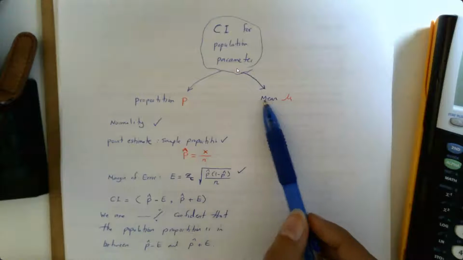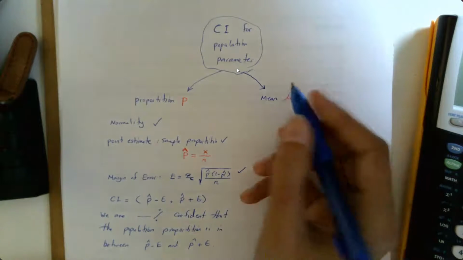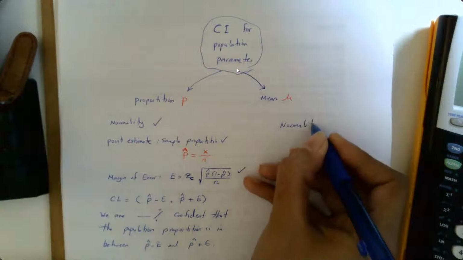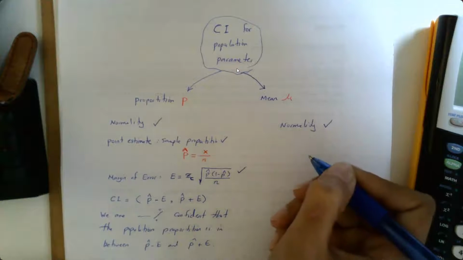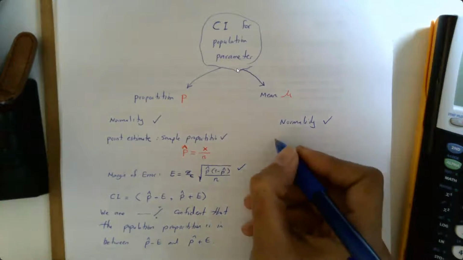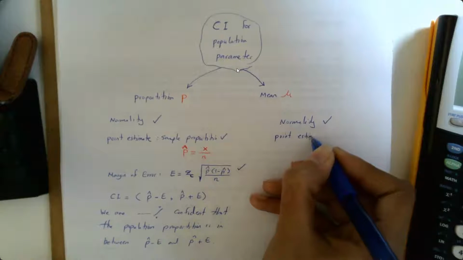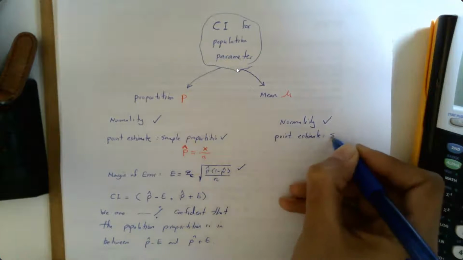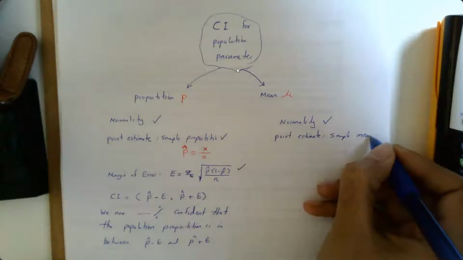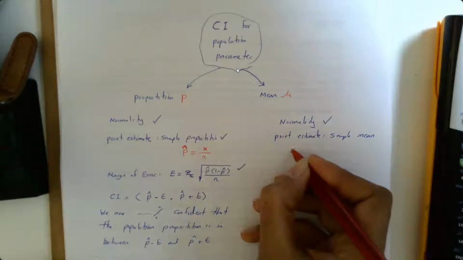Well, if the question says, hey, I'm not interested in proportion, I'm looking for a confidence interval, an estimate for population mean, first we check normality. If the normality is met, we're allowed to move to the next step. Next step is to find the point estimate. The point estimate is the sample mean, denoted by X bar.